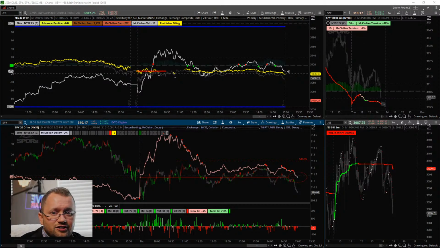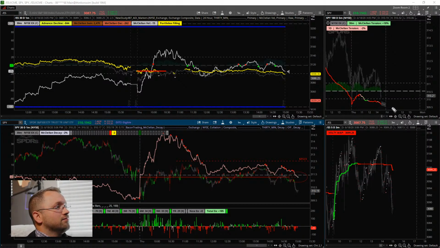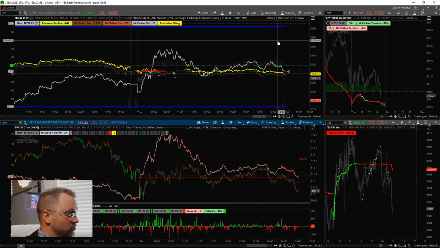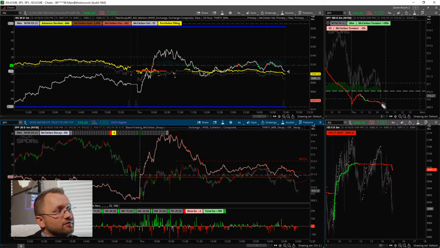Getting an advantage here for the bears would be getting tension further and further away, such that it's harder for it to open up a little higher and then move back up.